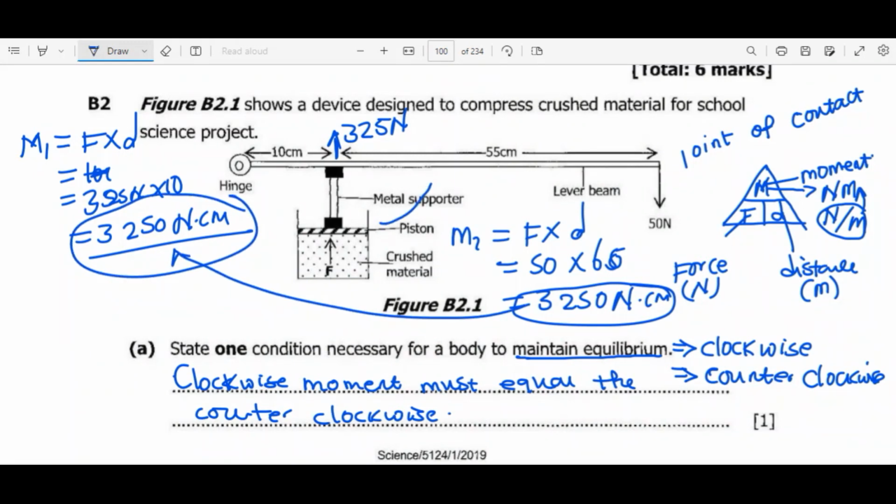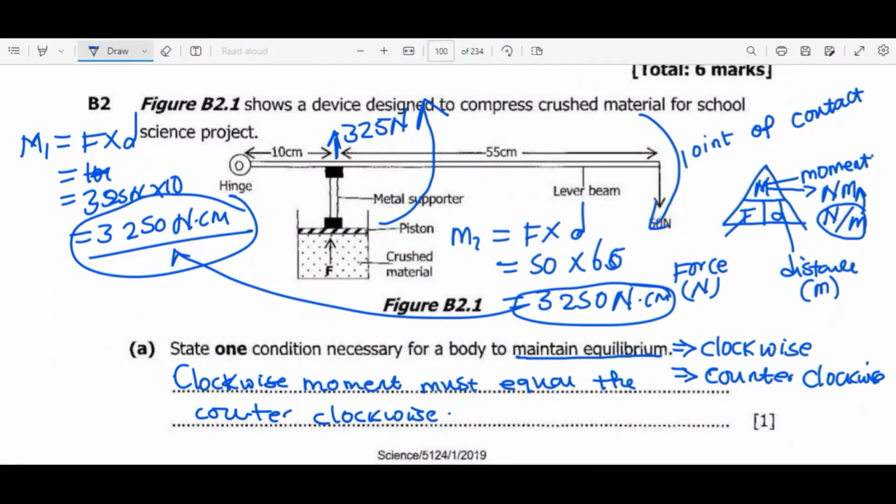So the moment going upward is 3,250 Newton centimeters. The moment going downward is 3,250. For this case, the lever is in equilibrium, and we can conclude that moment 1 is equal to moment 2.